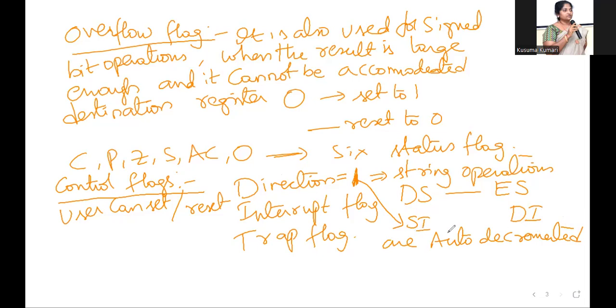That means automatically they are decremented by 1 until the string operation is completed. Similarly, if the direction flag is equal to 0, then what happens?